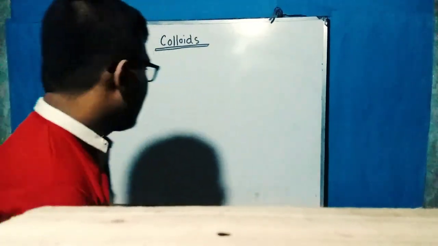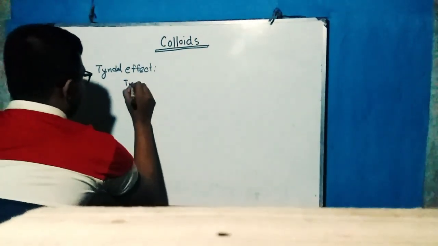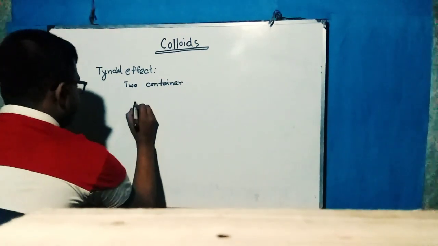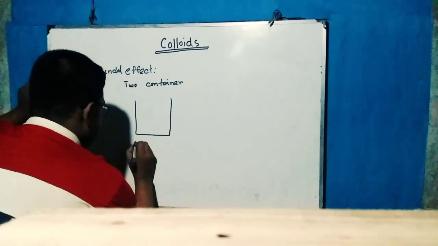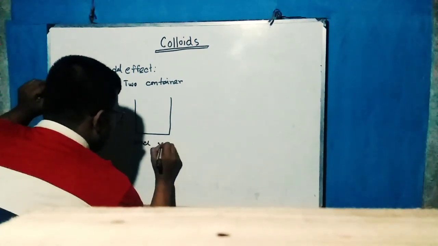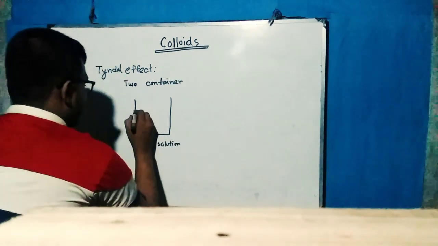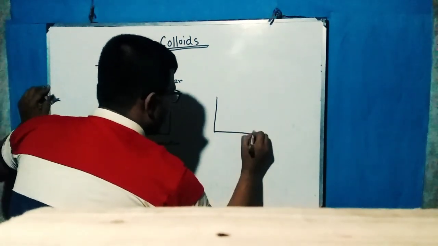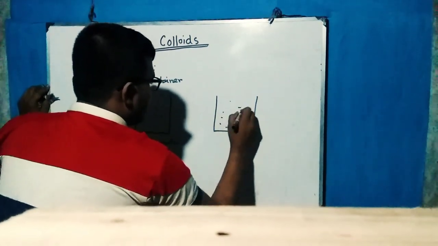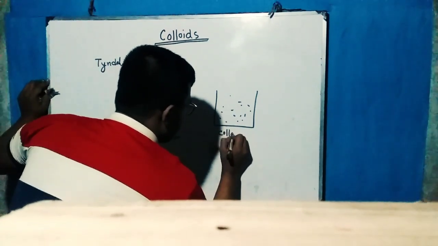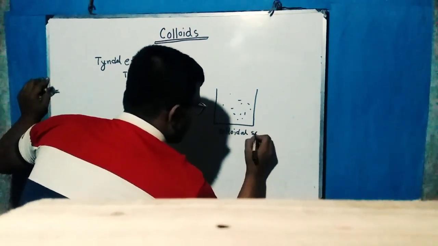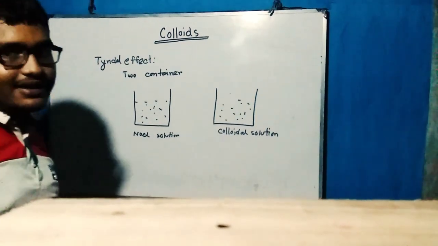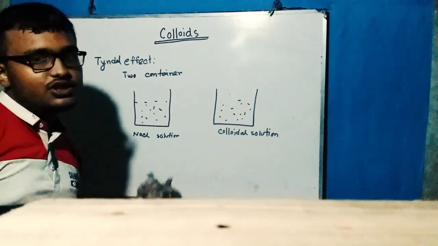So the first one is the NaCl solution and the second one is the colloidal solution. We will learn about the Tyndall effect with only these two containers.